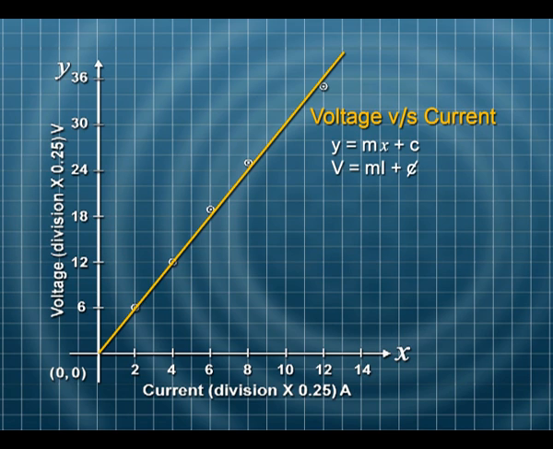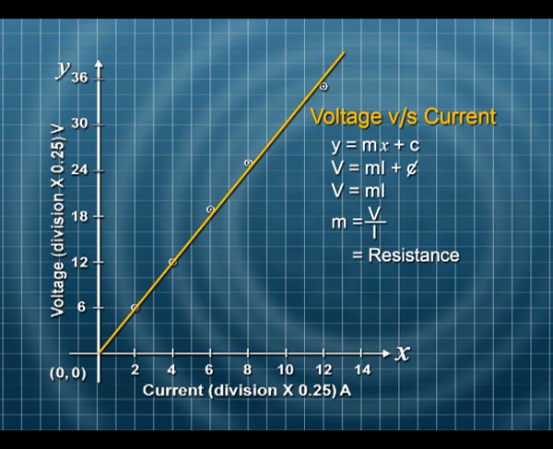So, c need not be included in the equation, and V = mI is the equation of this line. The slope of the line in this case has a physical significance. What is the physical significance of this slope? m = V/I, which is our resistance. So, the resistance of the wire would come out to be the slope of this line.